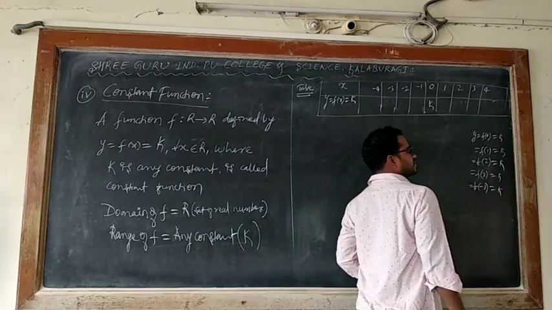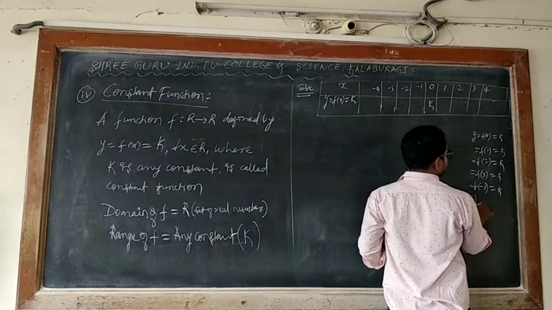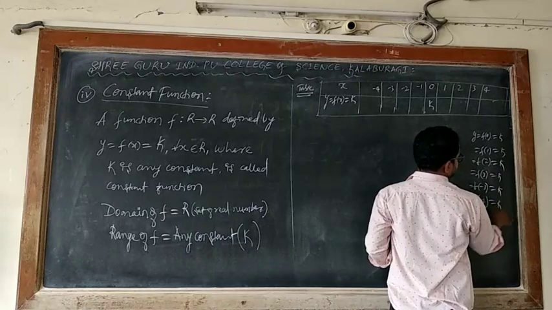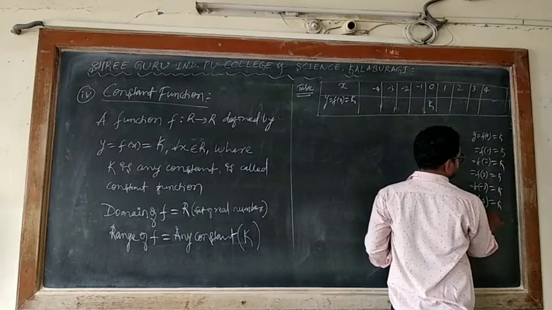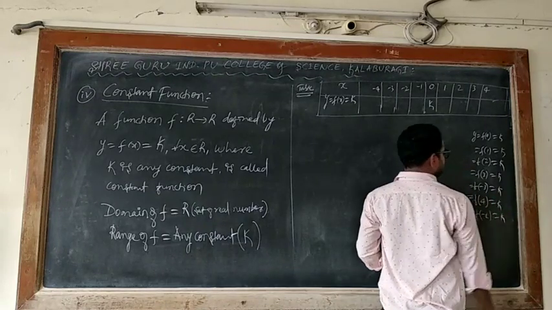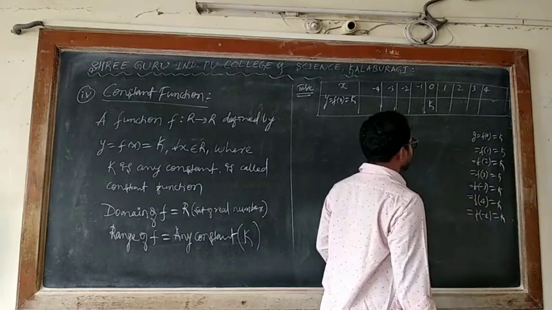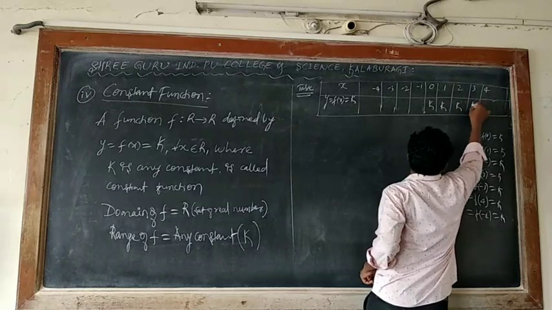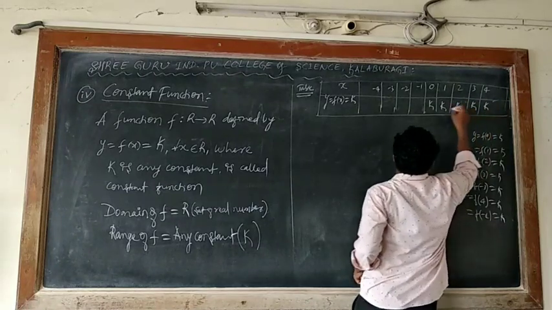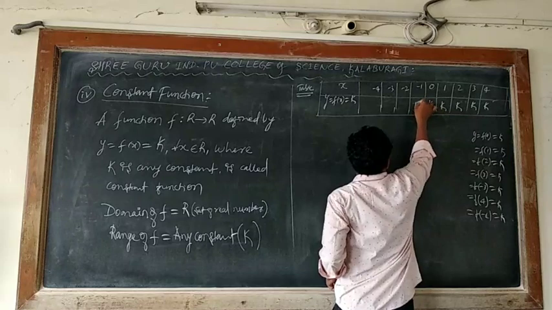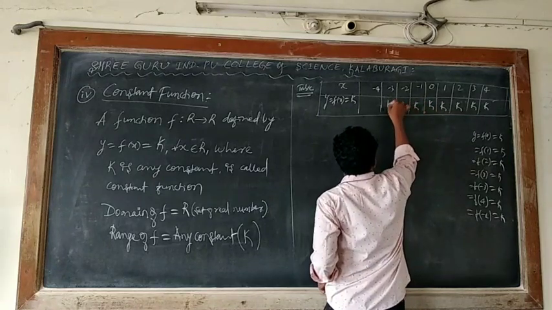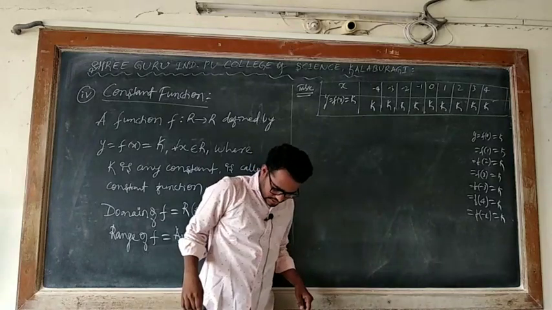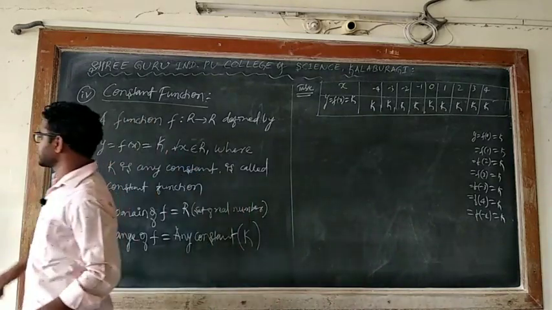K may be any number, some particular number. F of 4, k. F of minus 4, k. You take any number, you will get k only, which means you will get only a constant. 1, k. 2, k. 3, k. 4, k. Minus 1, k only. Because in the case of a constant function, it will always be constant.